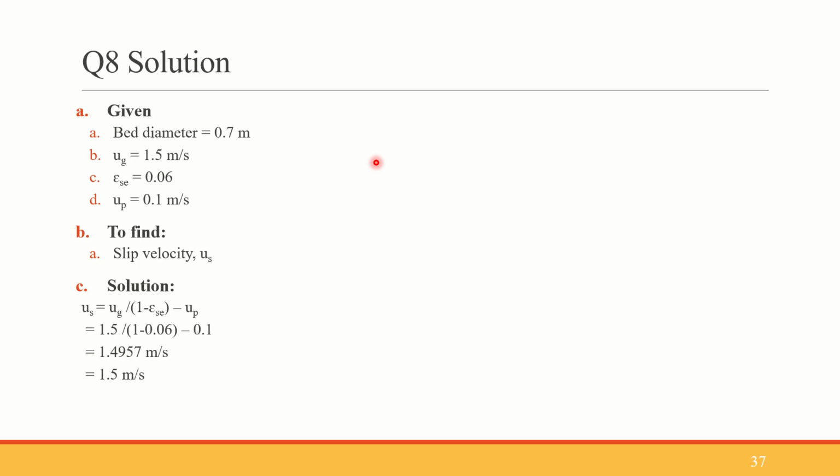US is equal to UG divided by 1 minus epsilon SE, minus UP. That is 1.5 divided by 1 minus 0.06, which is 1.5 divided by 0.94, minus 0.1. So it is giving us 1.4957, which is roughly 1.5 meter per second.